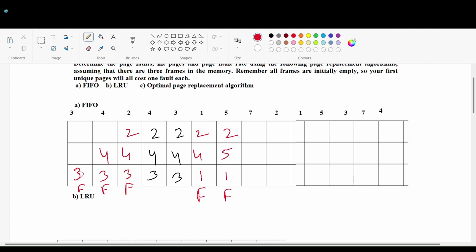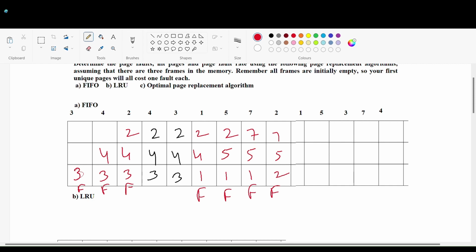Now 7, so 1, 5 and 7. Okay, this is also a page fault. Now 2, so 2, 5 and 7, this is also a page fault.